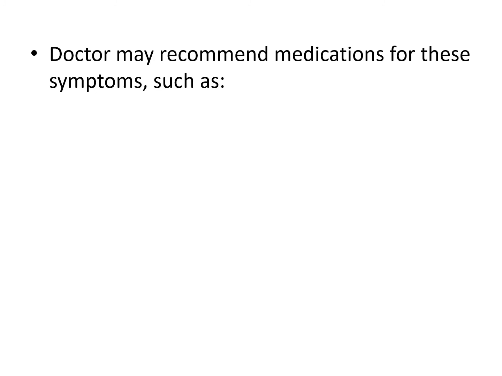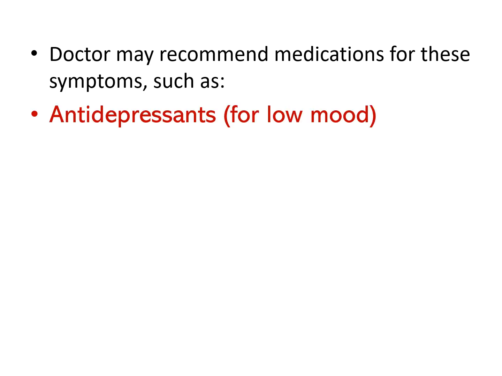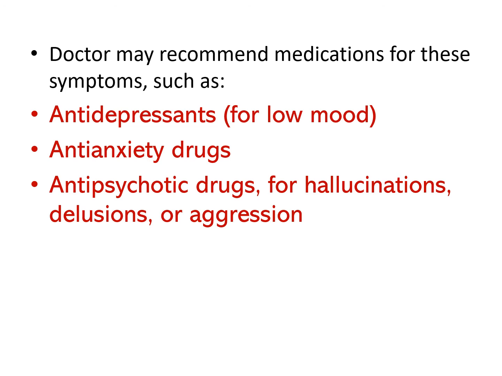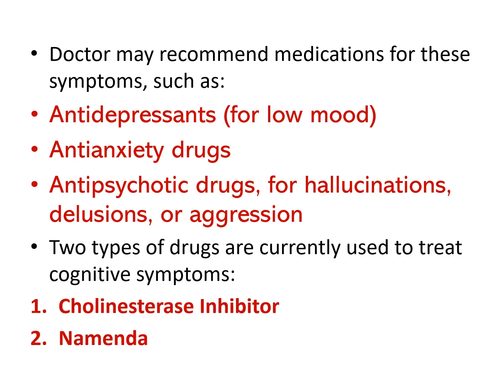Doctors may recommend medications for the symptoms such as antidepressants for low mood, anti-anxiety drugs, antipsychotic drugs for hallucinations, delusions, or aggression. Two types of drugs are currently used to treat cognitive symptoms.